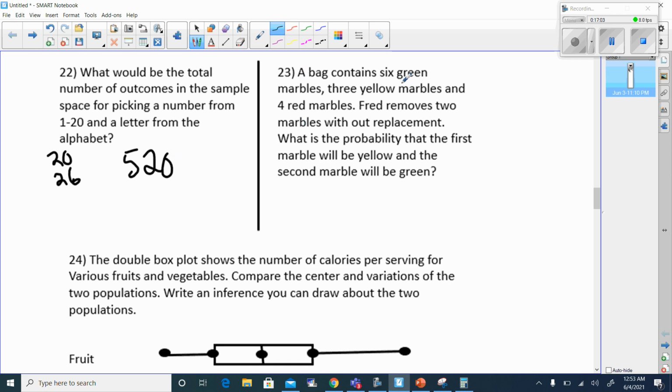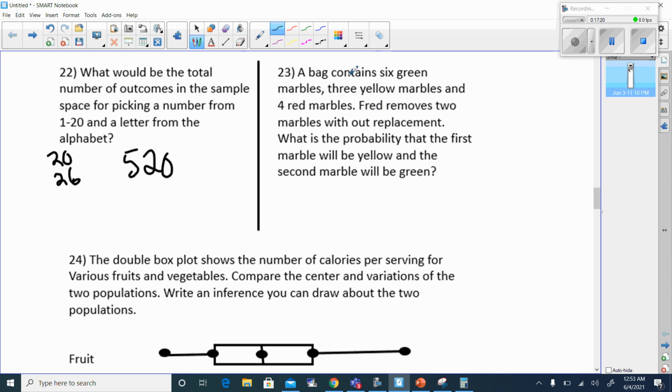23, a bag contains 6 green marbles, 3 yellow marbles, and 4 red marbles. Fred removes 2 marbles without replacement, okay? What is the probability that the first marble will be yellow and the second marble will be green?